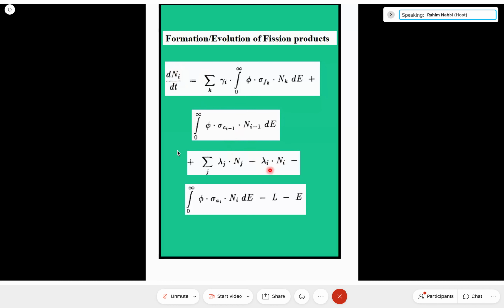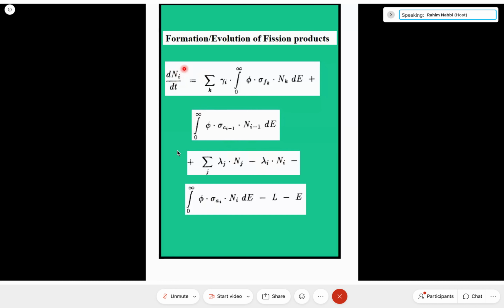Now, everything was lost there. But this nuclide is produced by different processes. One is as a result of another decay process.